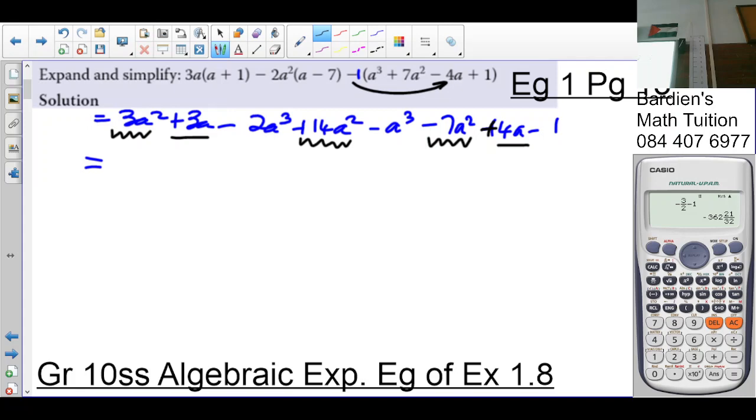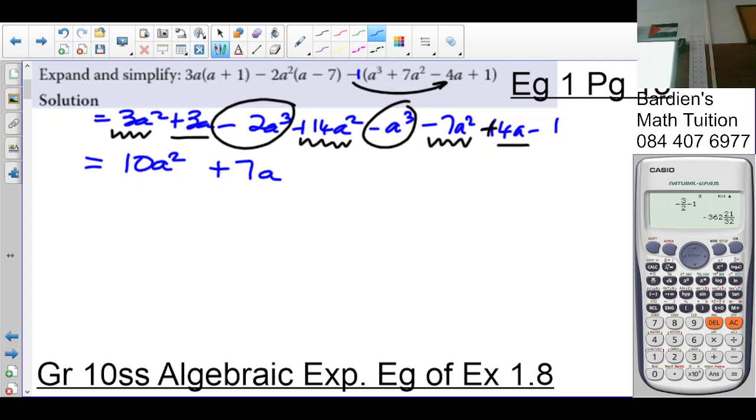Then negative 2a cubed, negative a cubed. And negative 1 is on its own. Okay. So let's just do it in order. 3a squared plus 14a squared, 17a squared. Minus 7a squared, 10a squared. So 3a plus 4a, 7a. Not so?